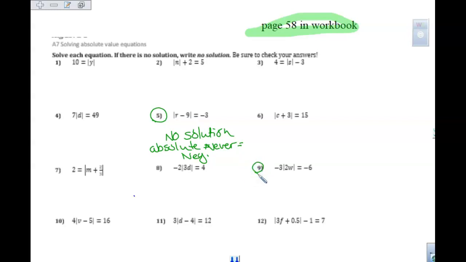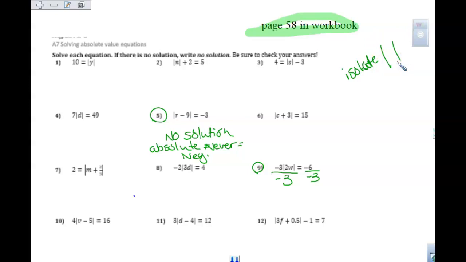Is the absolute value isolated in number 9? It has a negative 3 times it outside it. So you have to get the absolute value by itself first. So I agree, everyone kind of thinks number 9, but my first step in number 9, kind of like number 8, is going to be I have to divide by negative 3 first. I have to isolate. So keep in mind, you are always trying to isolate the absolute value.